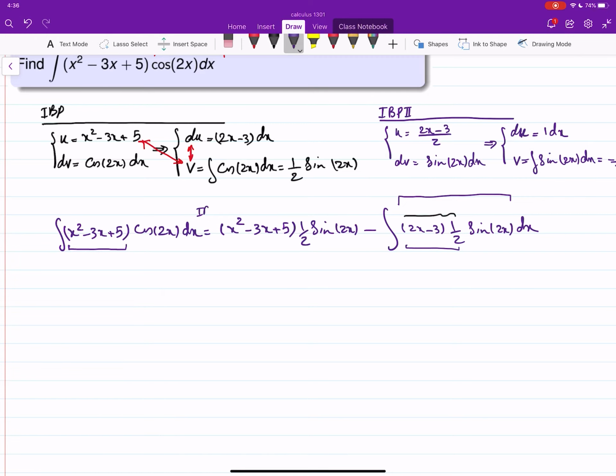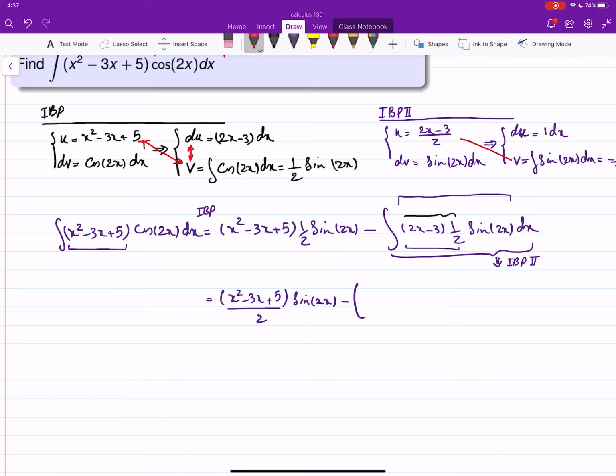The first one we did here. Now we are doing it another time. So x squared minus 3x plus 5 over 2 sine of 2x. We won't touch that part. But this one here, we are going to do IBP the second time. So this will be u dv.